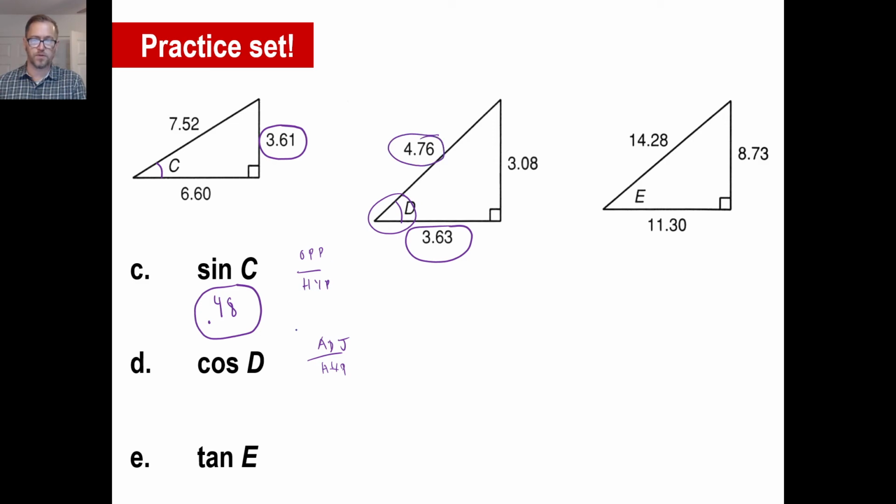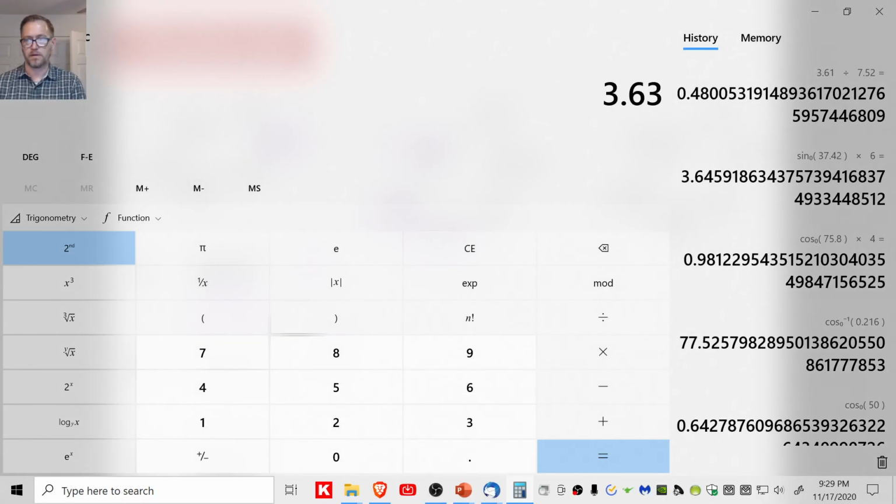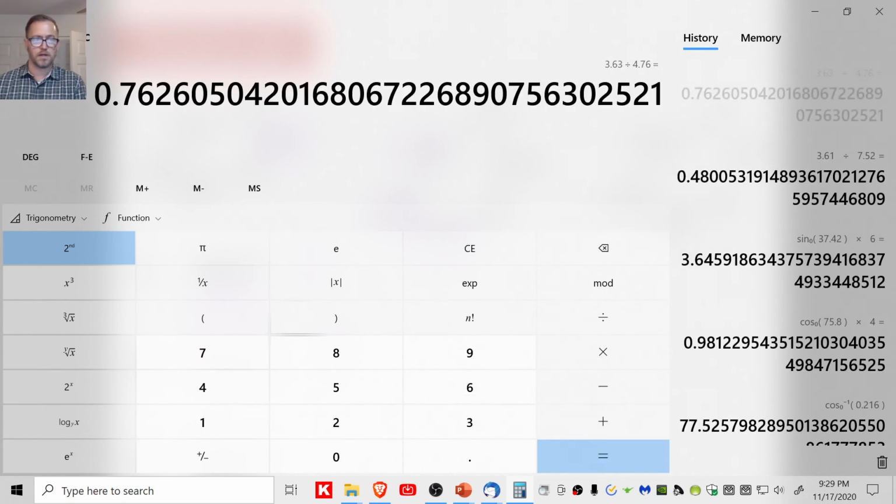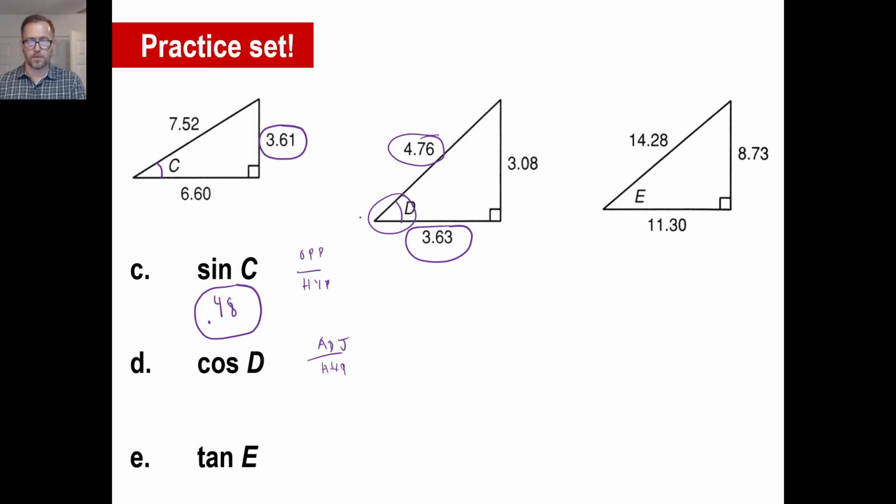You'll divide those two. So 3.63 divided by 4.76 is 0.76, we'll call it. Okay, so there we go. And that's it. Okay, now pause it and try to find the tangent of E. There's angle E. What's the tangent of E?